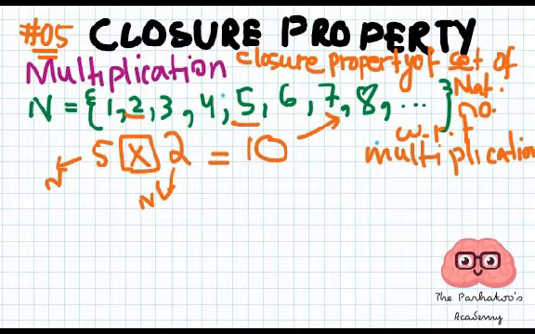If it were whole numbers, we would always end up getting a number which belongs to the whole numbers. So this is always valid in the case of multiplication as well.